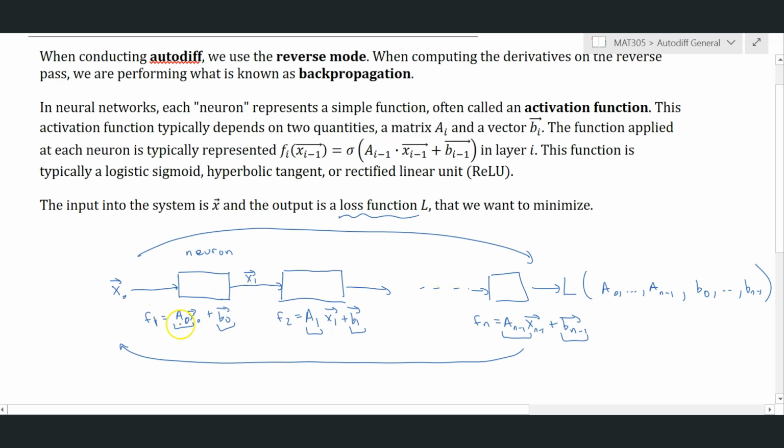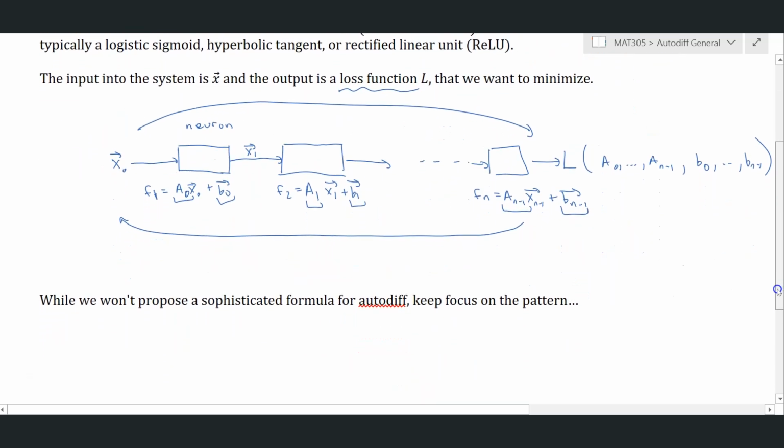Now, the actual function being applied here, which we often write as a sigma of these quantities, has many structures, but the common ones are the logistic sigmoid, the hyperbolic tangent, or the ReLU, which stands for rectified linear unit. These are specific to that application. We won't go over them here, but we'll learn more about them later.